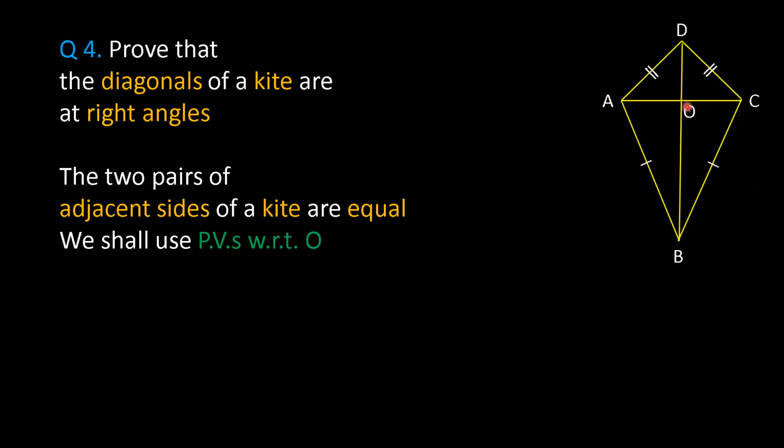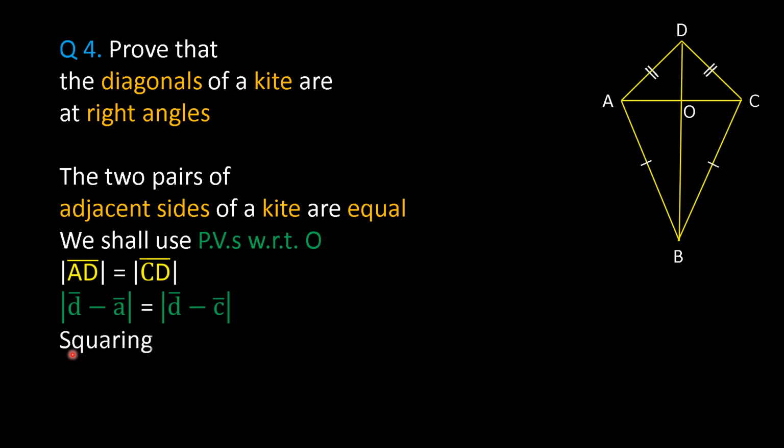We will consider AD equals CD and write mod AD bar equals mod CD bar, which will be mod D bar minus A bar equals mod D bar minus C bar.